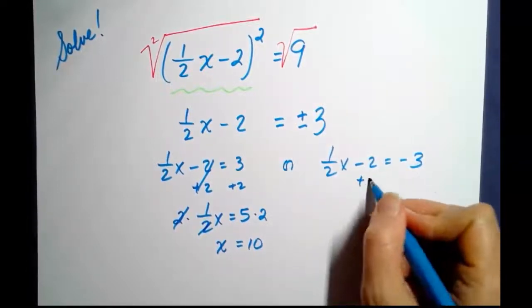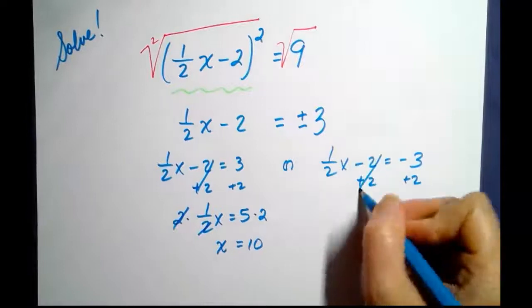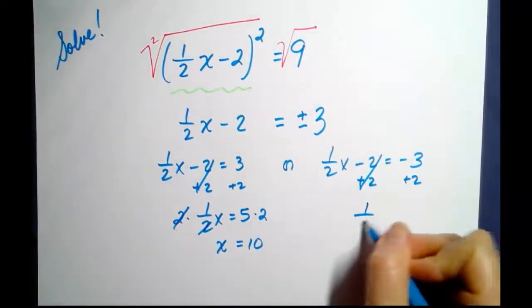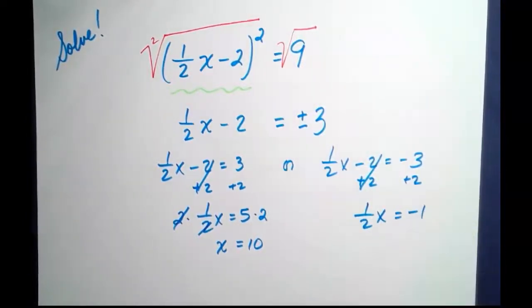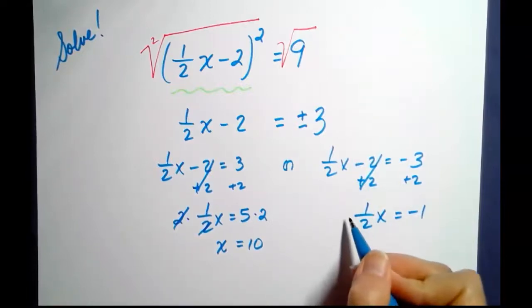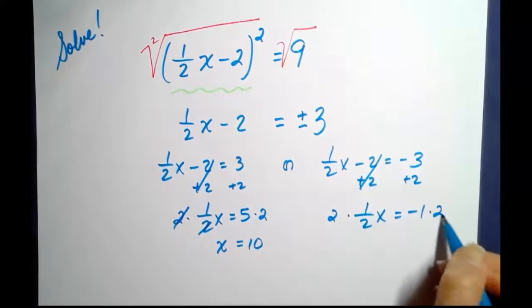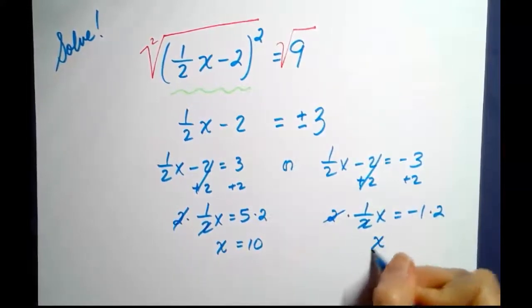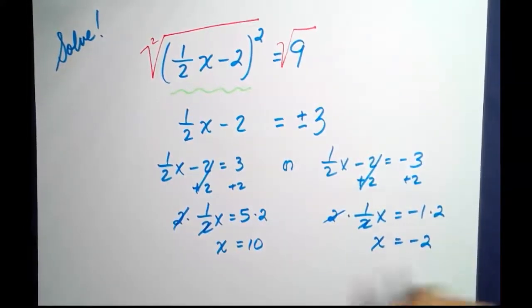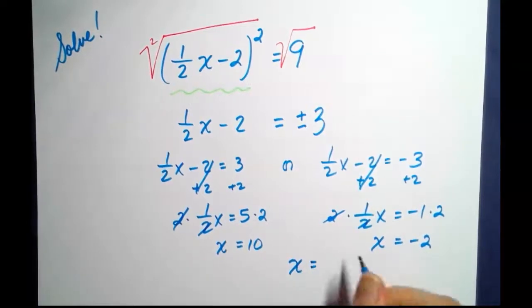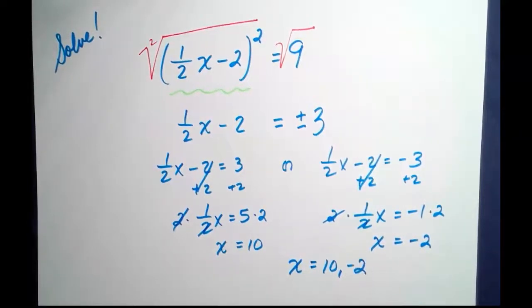Again, plus 2, 2's cancel. 1/2 x equals negative 1. Undo the times 1/2 with a reciprocal, times 2, x equals negative 2. Our final solution set is 10 and negative 2.